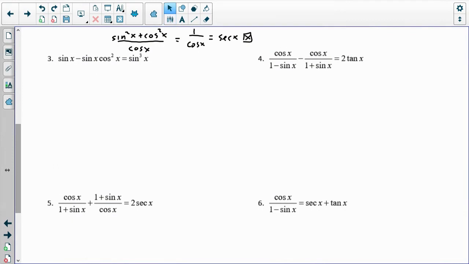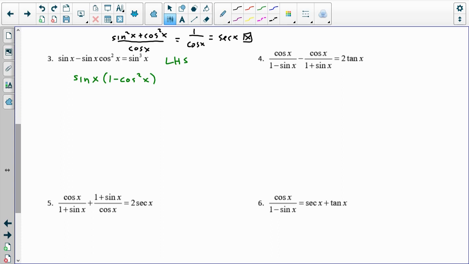Problem 3, I will once again work with the left-hand side. And my goal is to get it to look like sine cubed. Now, in this case, remember yesterday there was a problem where I wanted to factor out the sine squared, but it actually didn't help me. In this problem, the greatest common factor of sine is very helpful. I factor out the sine, and now I see that I have 1 minus cosine squared.